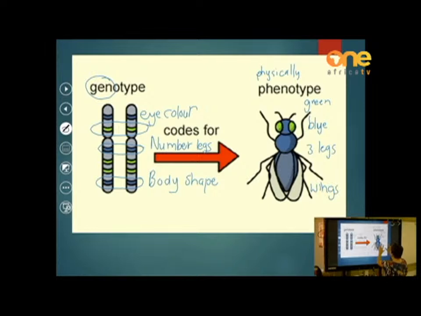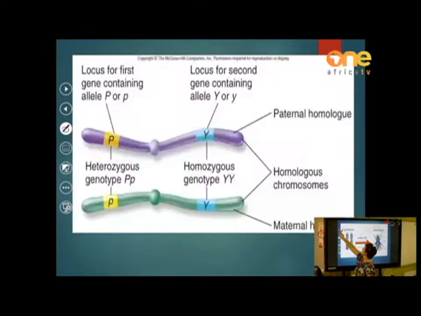Okay, and this was all codes that was on its genes. So when I'm asking the genotype of an animal, I use codes. When I ask the physical phenotype, I say it has green eyes. But when I want the genotype, I will have to discover a bit more.